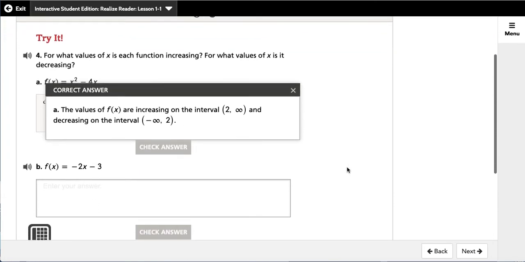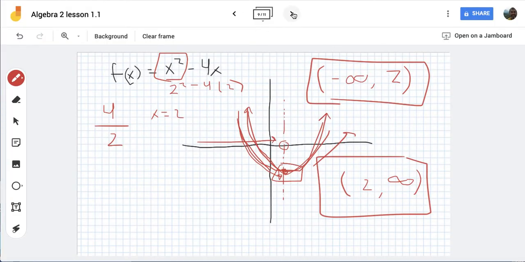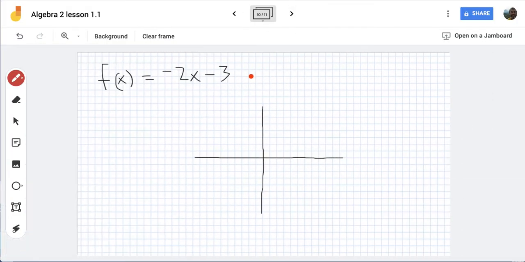All right, if you want, you can click pause and give this one a shot, and then click play when you're ready. This is a different type of equation. I also have this one set up right here. Looking at this, I see that it's not x squared, it's just an x, so that's a linear equation. It's going to be a line. And then I think about what I did in algebra back in the day. That's written in y equals mx plus b form, right? So let's use that.